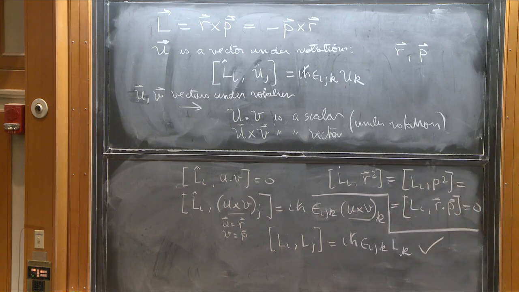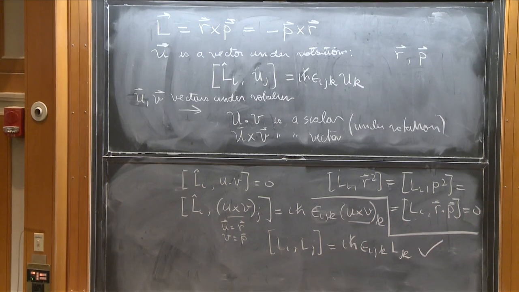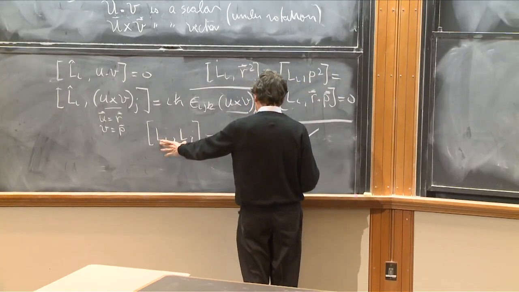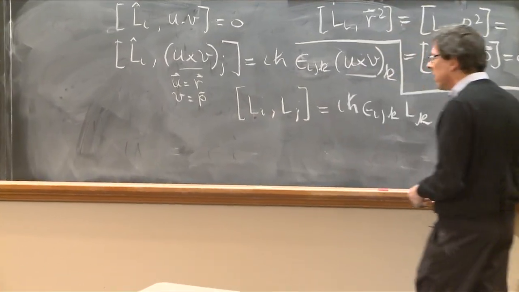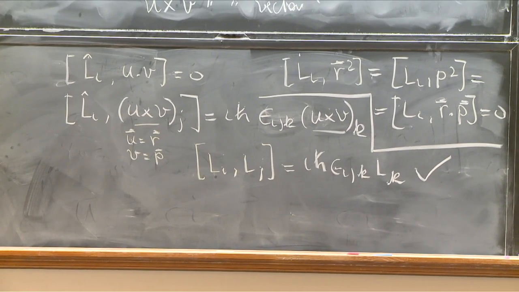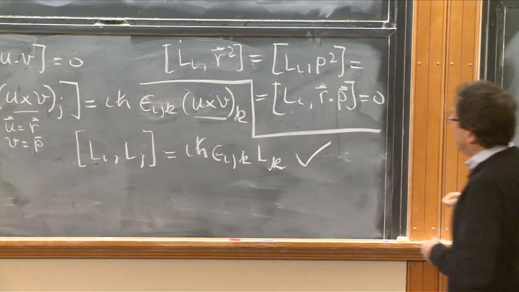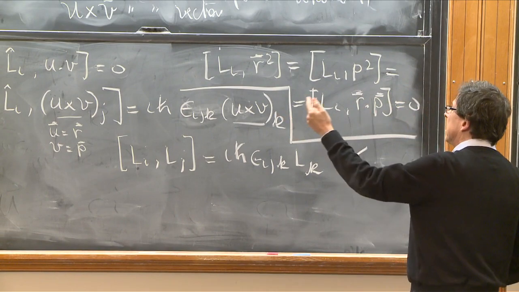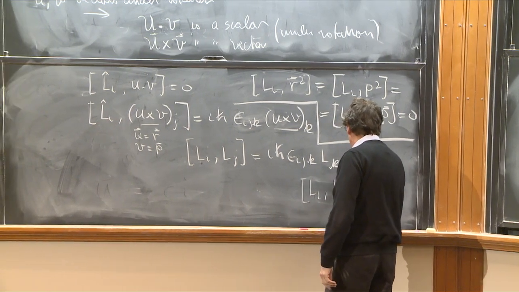And that's the end of the story. You got the commutation you wanted. In earlier courses, you probably found this was a fairly complicated calculation in which you had to put the x's and the p's and start moving them, and it takes quite a while. So that's important. Another property that follows from all of this is that since L is now also a vector under rotations, Li commutes with L squared.